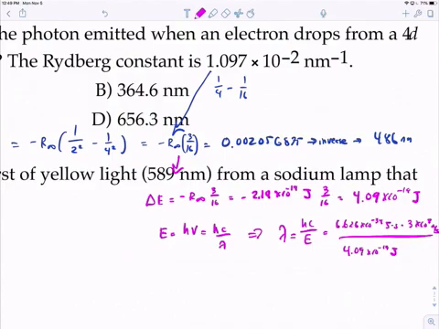6.626, 4, 3E8. Oh wait. Let's use the answer.